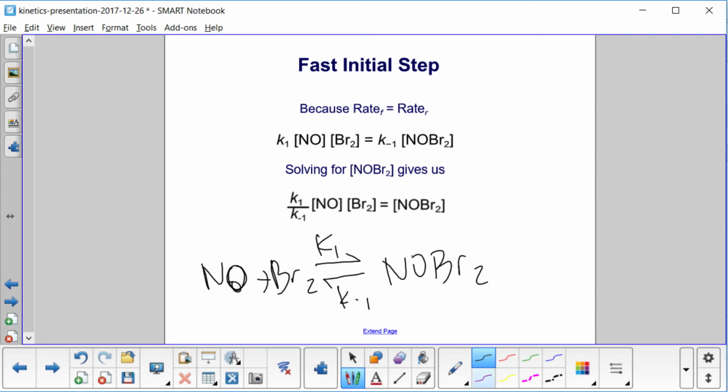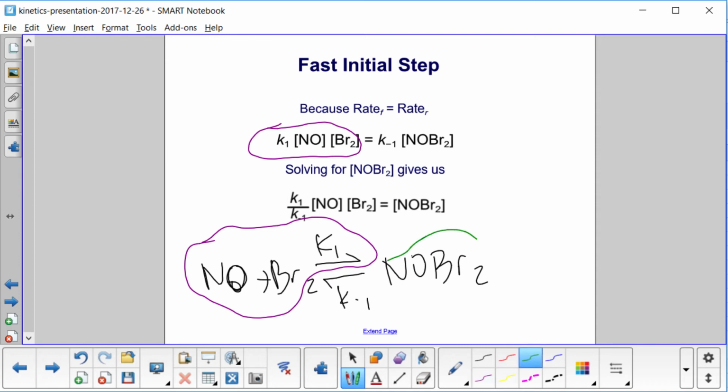So for the forward reaction, I write my rate law based on those reactants. So here's that rate law where rate is equal to k1 times the concentration of NO times the concentration of Br2. Then my reverse reaction, where NOBr2 decomposes, would give me this rate law, k minus 1 times the concentration of NOBr2.